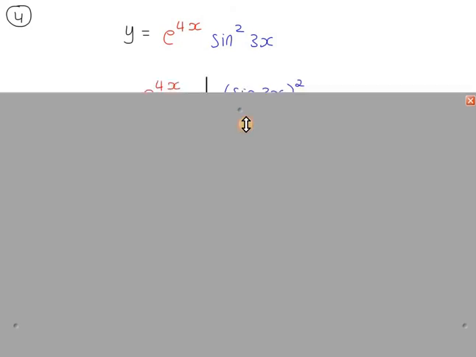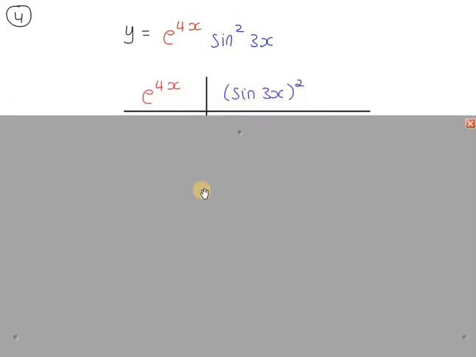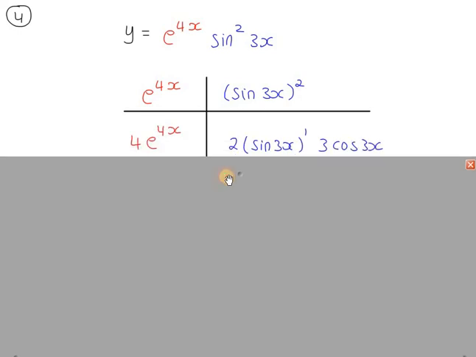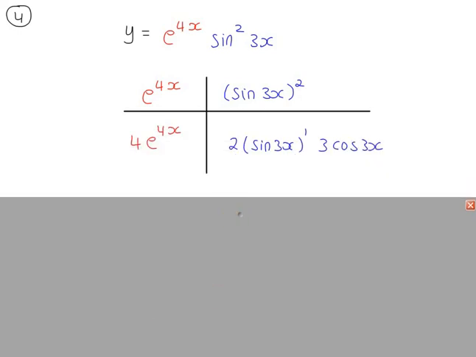Example 4, so differentiating each. So when we differentiate the exponential function, you get e to the power 4x again, and then you have to differentiate the power, which gives you 4, you multiply by that, and we're going to use the chain rule for sine 3x squared.